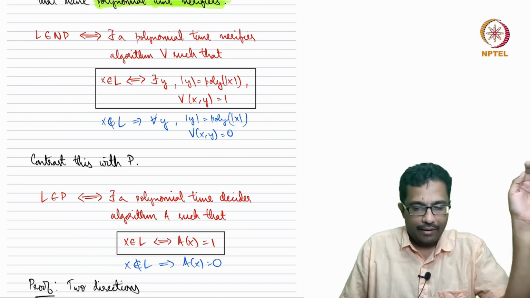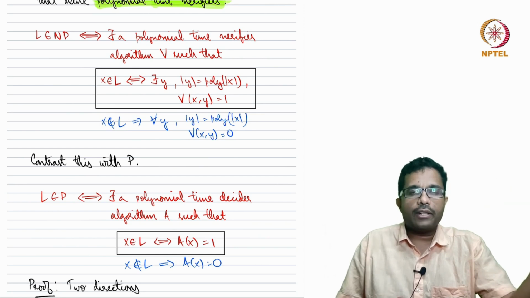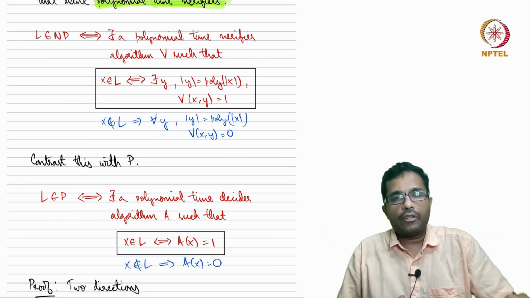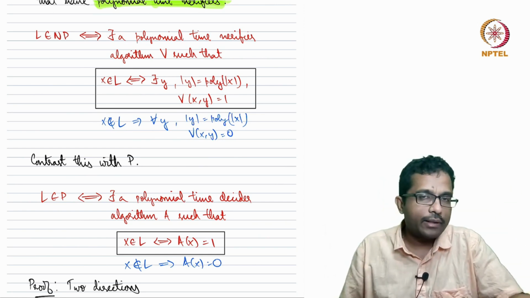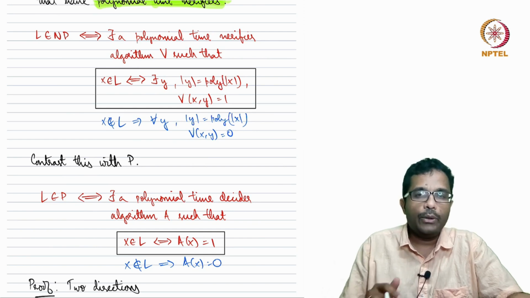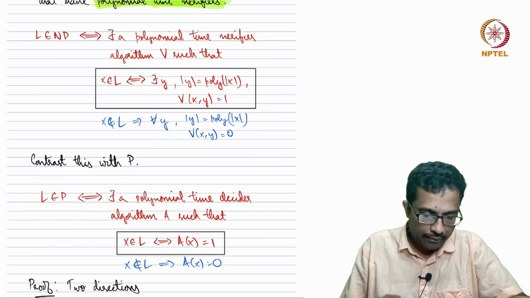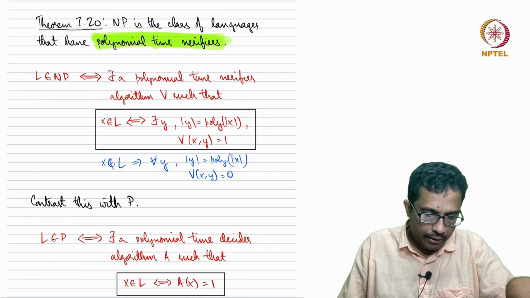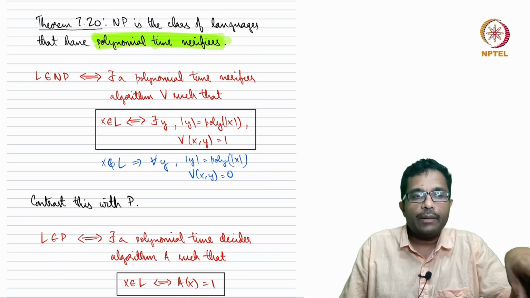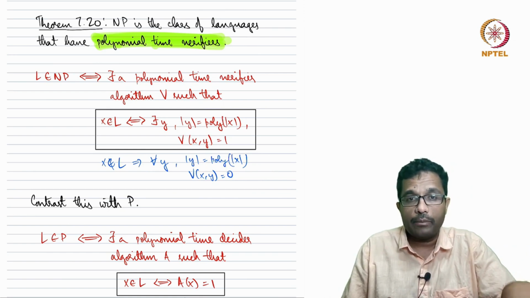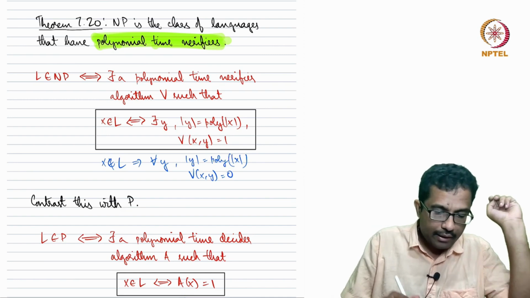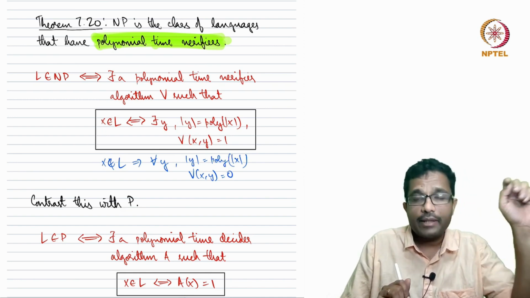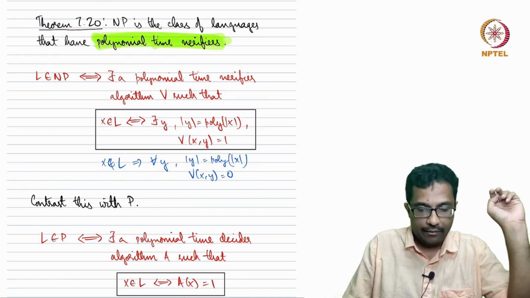If the graph is not 3 colorable, then whatever 3 coloring you try should not lead to a proper 3 coloring. So we saw two definitions. One was that NP is the class of all languages that can be decided by non-deterministic polynomial time Turing machines. And now in this verifier model, NP is the class of languages that have polynomial time verifiers.